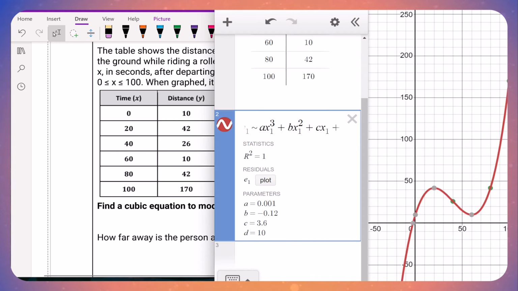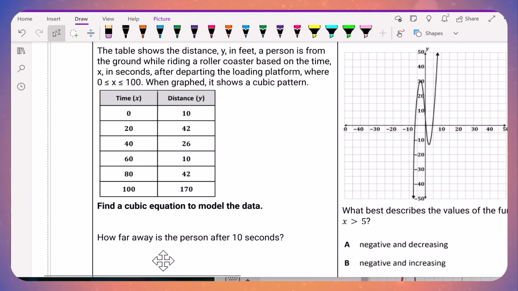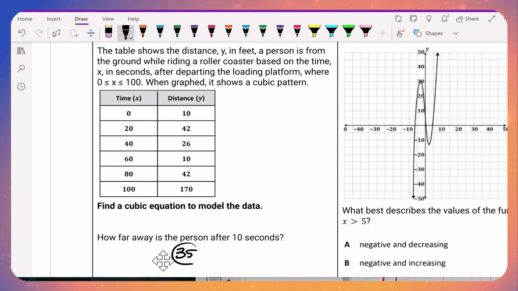So 10 seconds. I'm going to click and drag until x is 10, and there it is. So if you plug in 10, you're going to wind up with 35. So you can do it that way. That's the easiest way since I have access to Desmos. So I'm going to say 35 is my answer here.